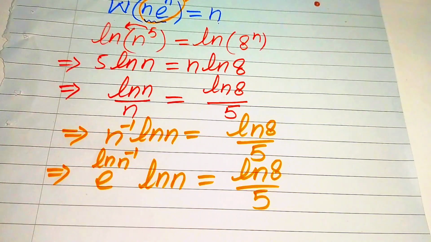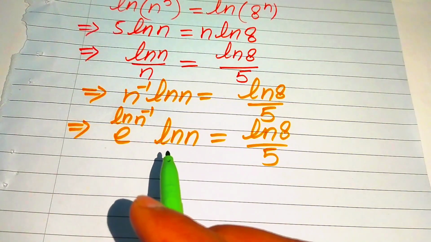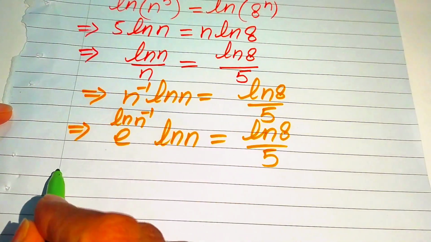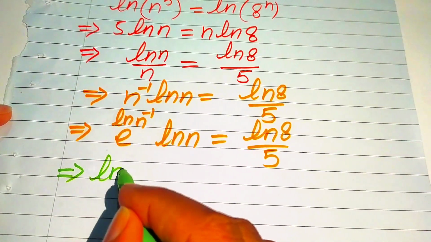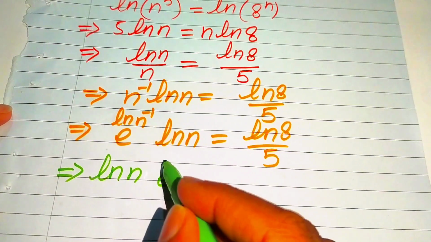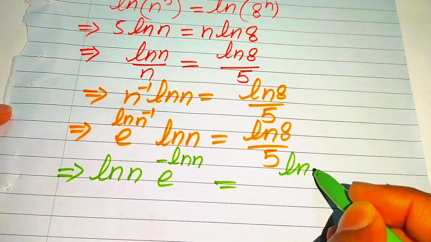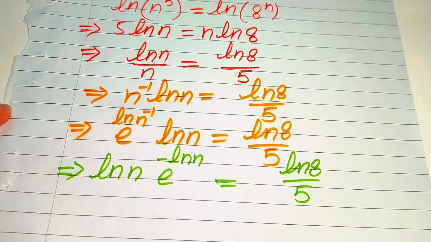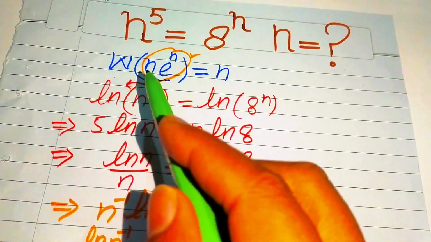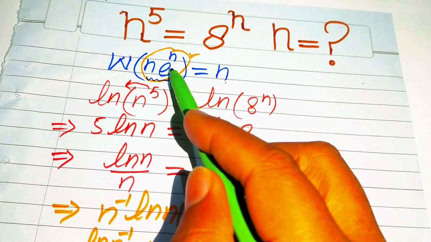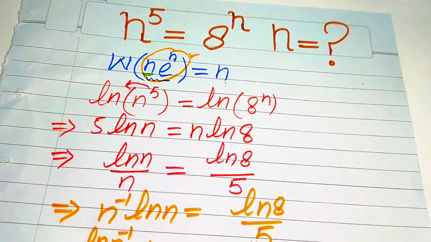In the next step, we again use the property of log, and we move this negative sign in front of the log, and we write it as e to the power of minus log n multiplied by log n equals log 8 over 5. Now we need to make this type of equation: if you have some exponent of e, we make this exponent multiplied by it.